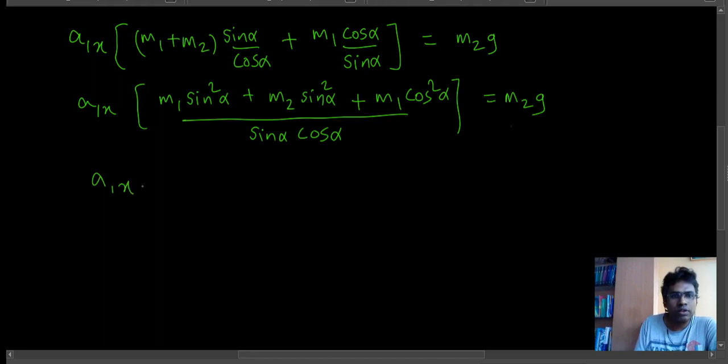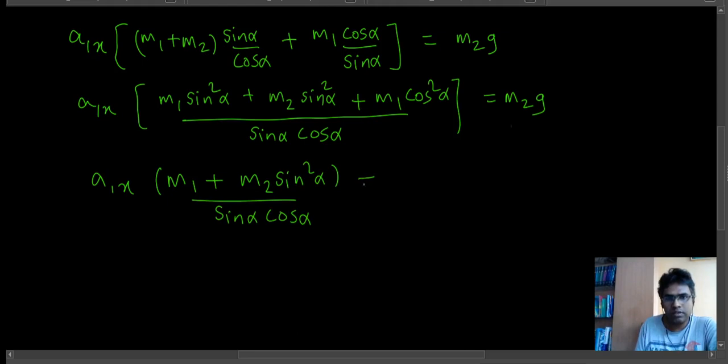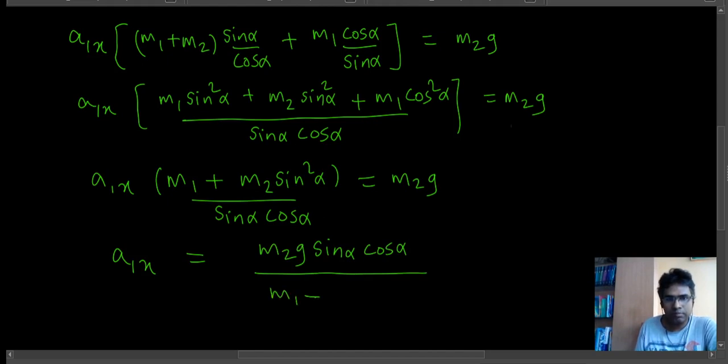In the numerator, the first and third terms give sine square alpha plus cos square alpha, which we know is 1. So we can write (m1 plus m2 sine square alpha) divided by sine alpha into cos alpha is m2g. So finally the acceleration of the prism, which is a1x, will be m2g into sine alpha into cos alpha by (m1 plus m2 sine square alpha).